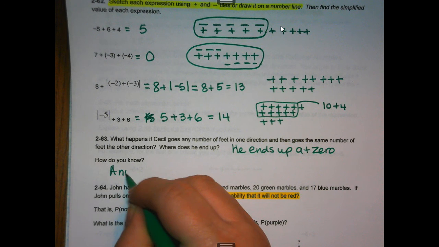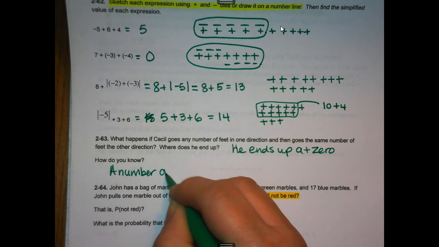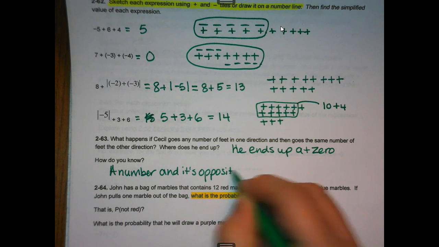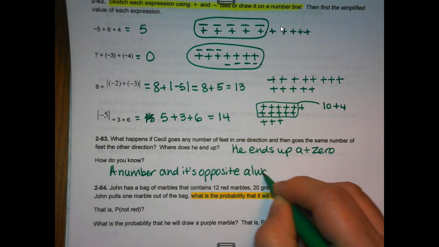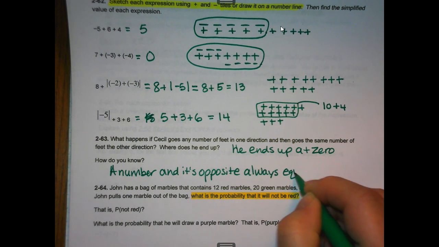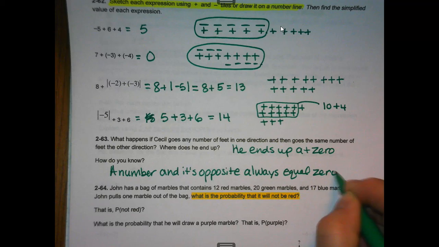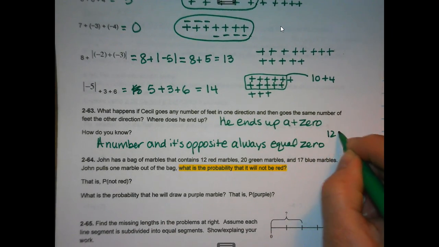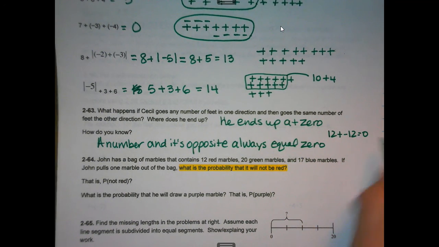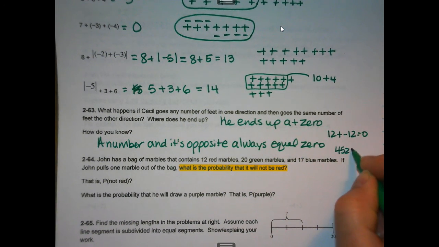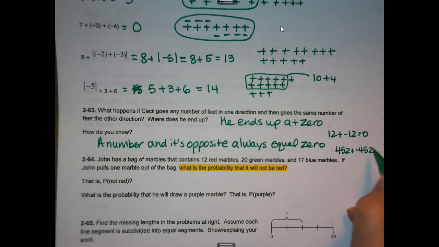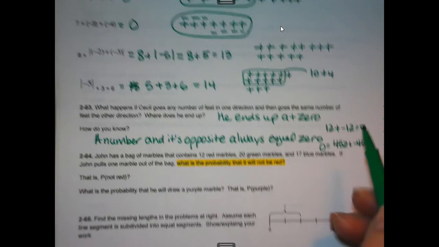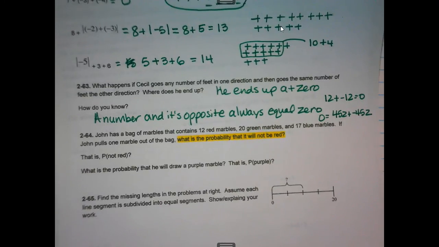A number and its opposite always equal 0. For example, I could do 12 plus negative 12 equals 0. 452 plus negative 452 equals 0. Anytime I have the number and its opposite, it always takes me back to 0.